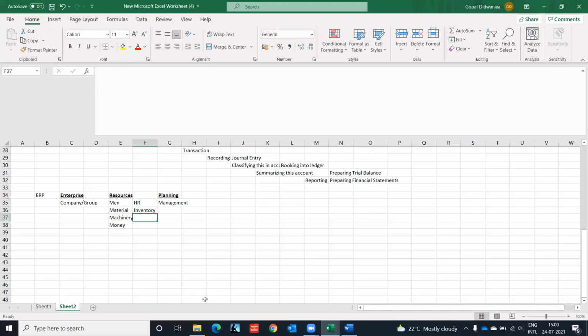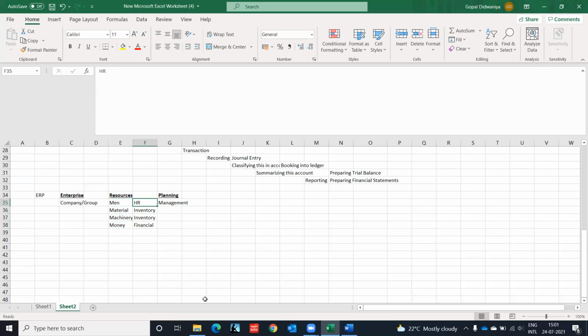Machinery, we have the inventory module, and for money we have the financial module. Apart from this, we have certain other modules which are integrated inside any of these modules. So we are now basically concerned with the financial.